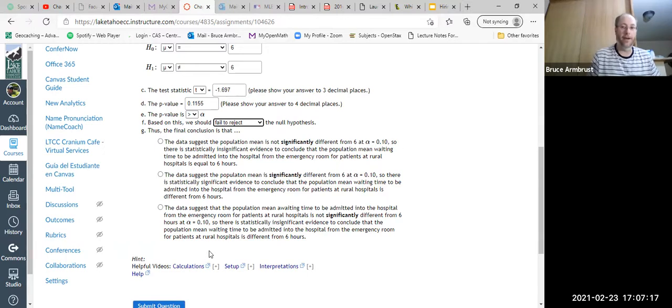So we don't have proof or evidence that they're equal, but we don't have enough evidence to suggest that they're different. Yeah, okay, so we're not sure that Willie's right, but we're pretty sure he's not wrong.